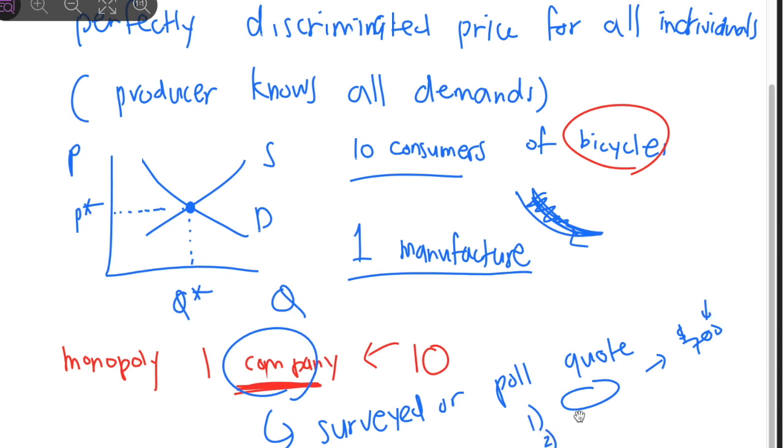And for number two, he's gonna say, oh, I'm going to offer this bike at the price of $500 because he's willing to pay up until $500, right? So the firm is charging you at your maximum price. This doesn't have to do with the demand and supply curve because the supply is limited to only these 10 consumers, right?